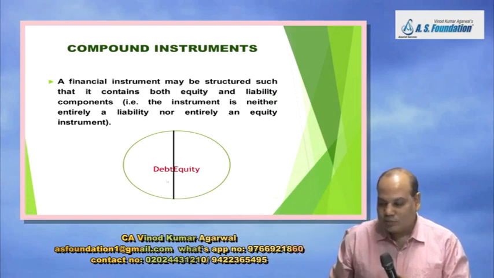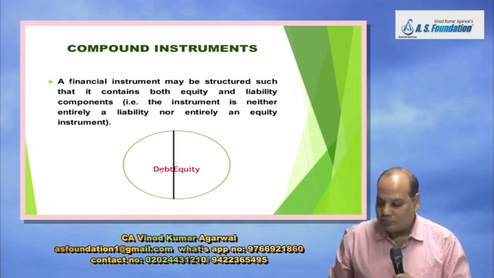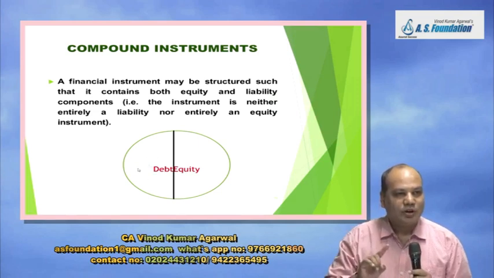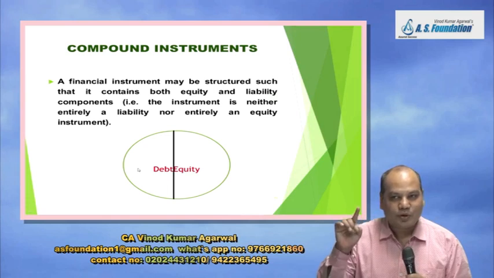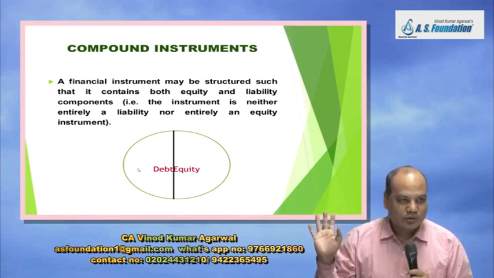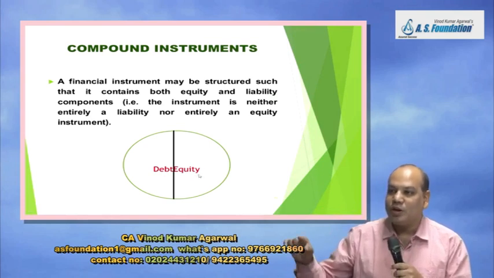So what is the objective of discussing compound instruments here? The accounting treatment of debt and equity is different. Once it is debt, then as per IFRS 9, you have to account it either at fair value through profit and loss account or at amortized cost.